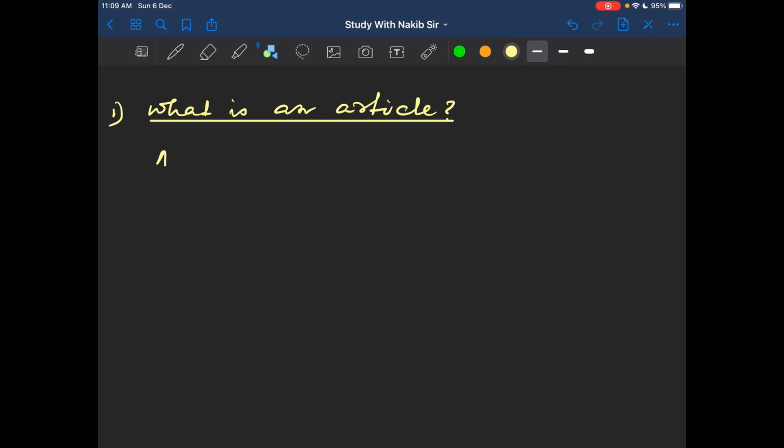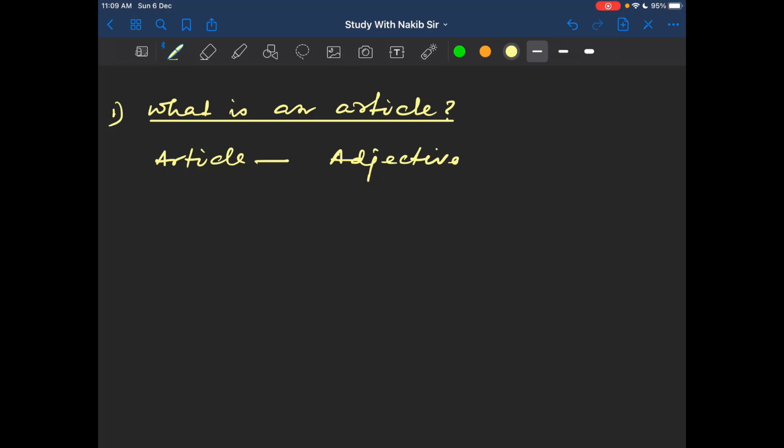An article is an adjective that says whether a noun is definite or indefinite.